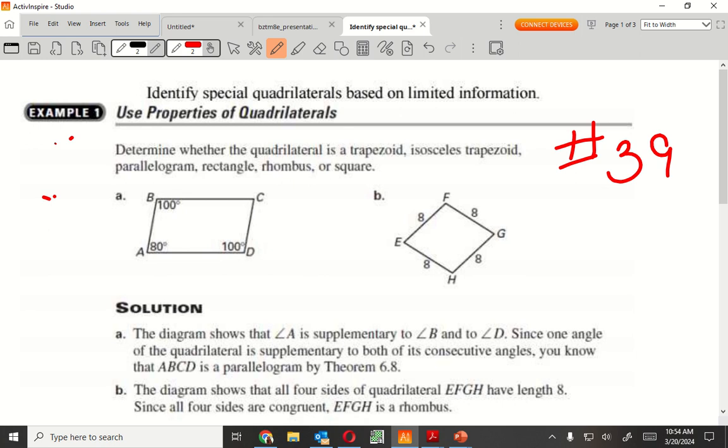Okay, so we have to flip a couple pages to find some of these things. The last thing that we did was trapezoids. What do we know specifically about trapezoids? If you look at yesterday's notes, what is the first thing it says? It has 4 sides, but what else?